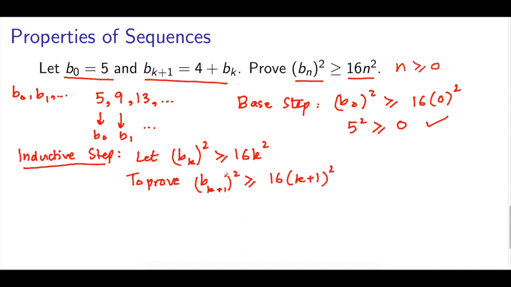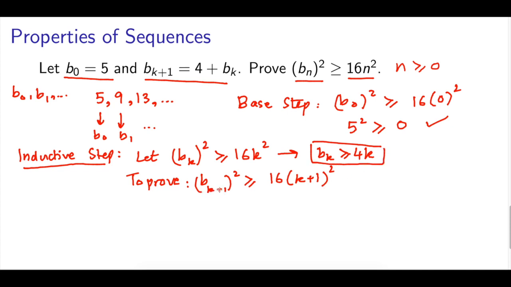Now before we start the proof, note that all our terms are positive numbers. So this means I can take the square root of both sides and make an inequality like bk is greater than 4k. So we will have to use this part as well in the proof.